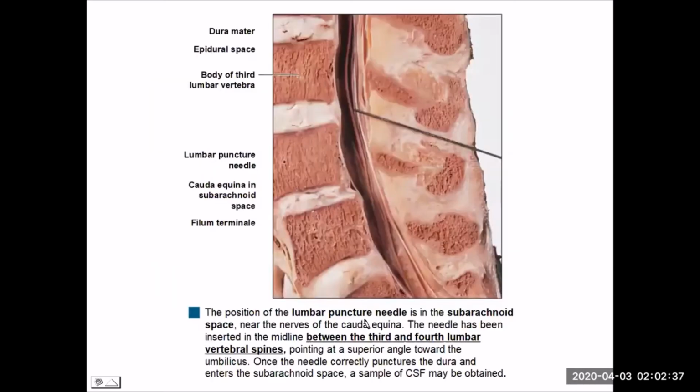As an example, you can see this illustration from the textbook, and we can see that third lumbar vertebra for placement. This is showing an example of the position of a lumbar puncture needle. As we just mentioned, it goes into the subarachnoid space, and it's done to take out a sample of cerebrospinal fluid.